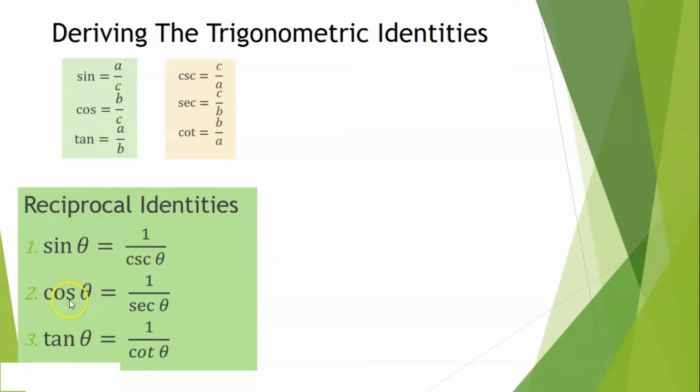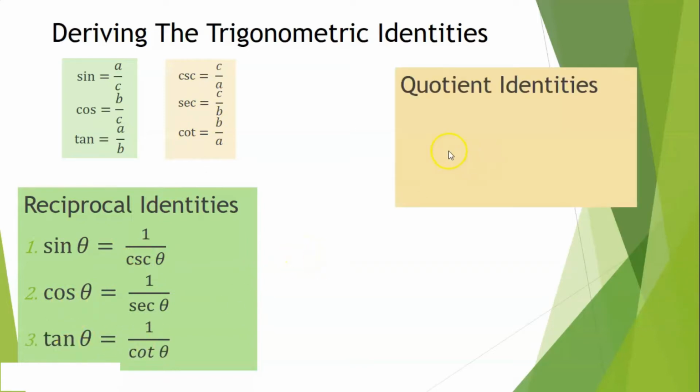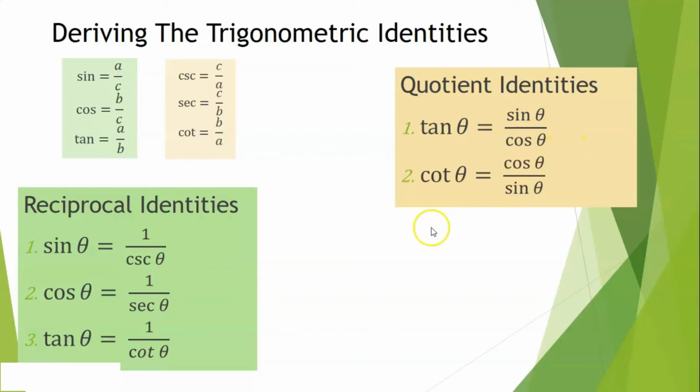So, the same for cosine and for tangent. Another, quotient identities would simply mean tangent is opposite over adjacent, or that's sine theta over cosine theta. For cotangent, it's cosine theta over sine theta.